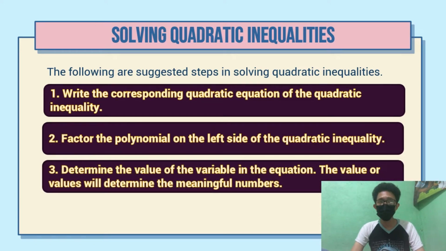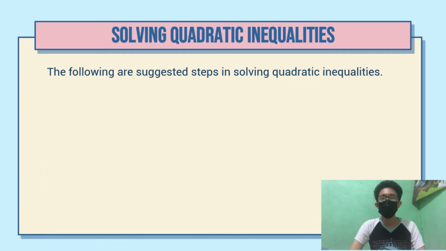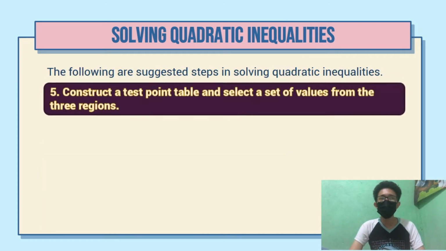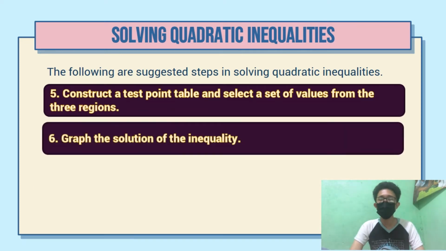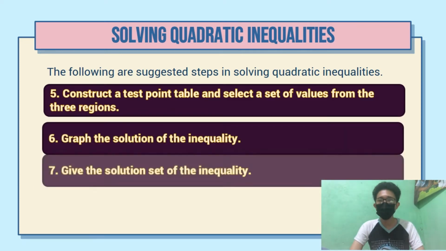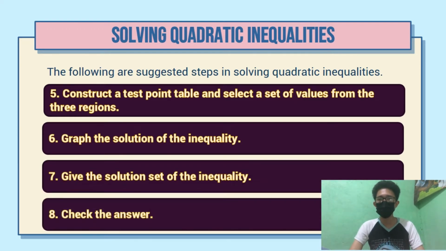These values will determine the meaningful numbers. Number 4, divide the number line into 3 regions. The fifth step is to construct a test point table and select a set of values from each of the 3 regions. Number 6, graph the solution of the inequality. Number 7, give the solution set of the inequality. And the last one is to check the answer.